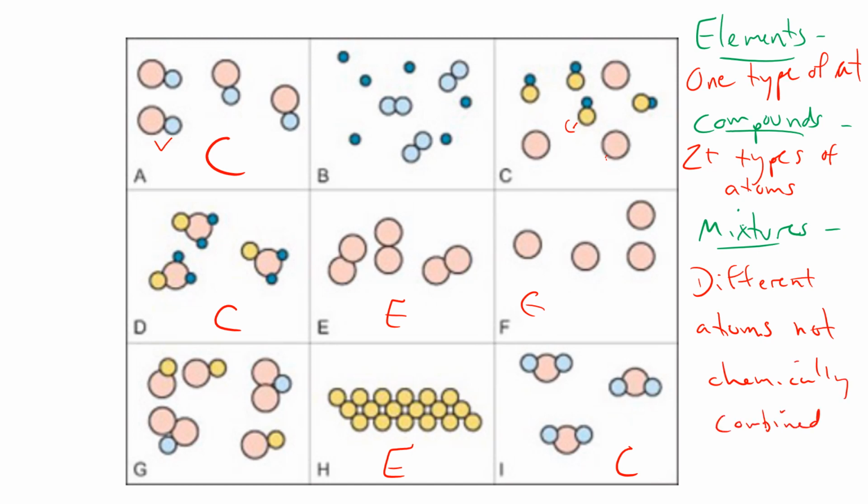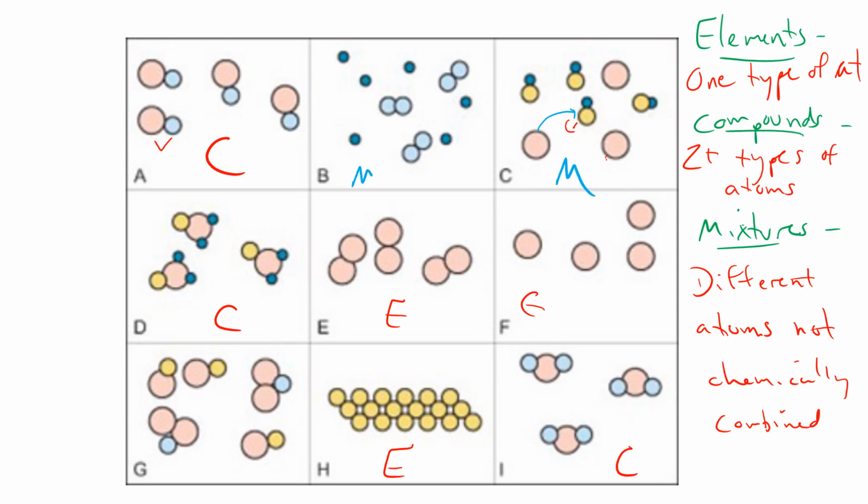So in this example, these are not all touching together. So you have that little yellow piece, that little blue piece, and that pink piece. The pink piece is not attached to these, it is by itself. So you have these little compound particles floating around, these little molecules, and then you have these atoms, and they're not all together. They're not all the same thing. So this is going to be a mixture.